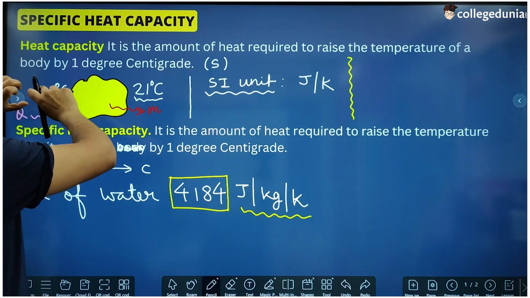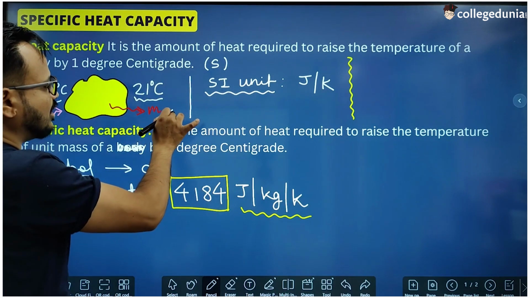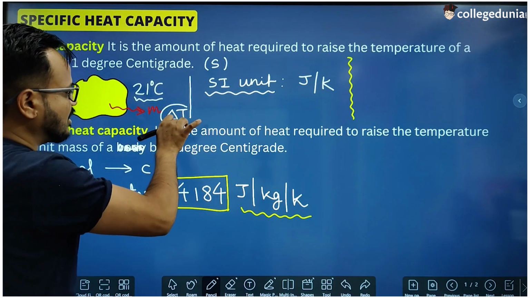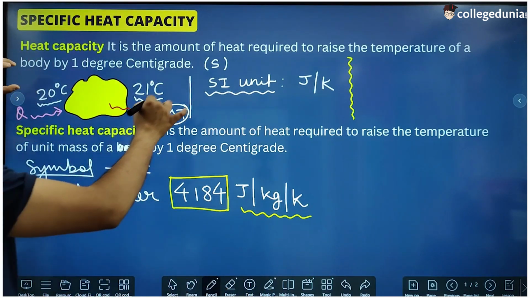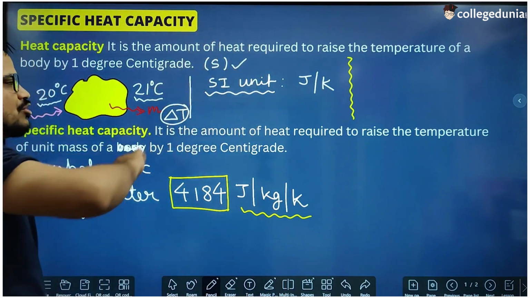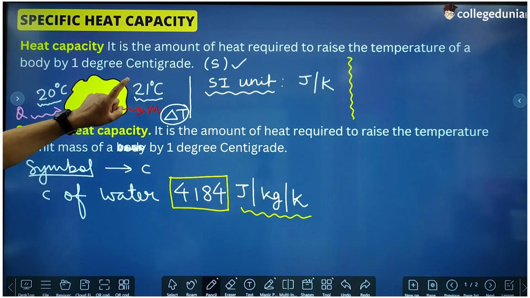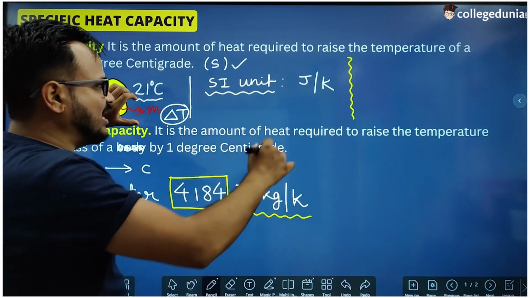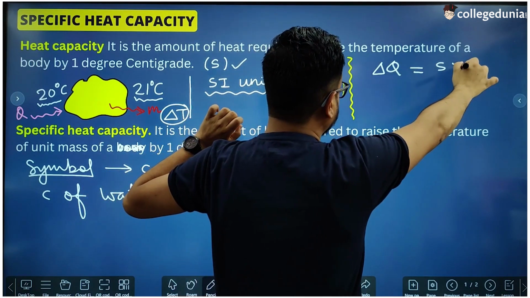In this example, we took the temperature increase as 1 degree centigrade, but let's say the total increase in temperature is delta T, right? So if S heat is required to increase the temperature of this body by 1 degree, how much heat is required to increase the temperature of this body by delta T? It is delta Q, which is simply S into delta T.